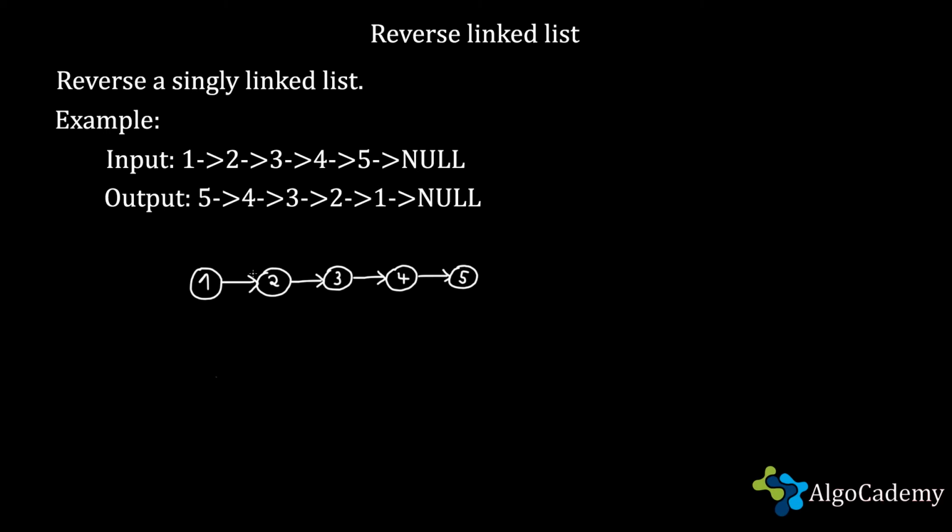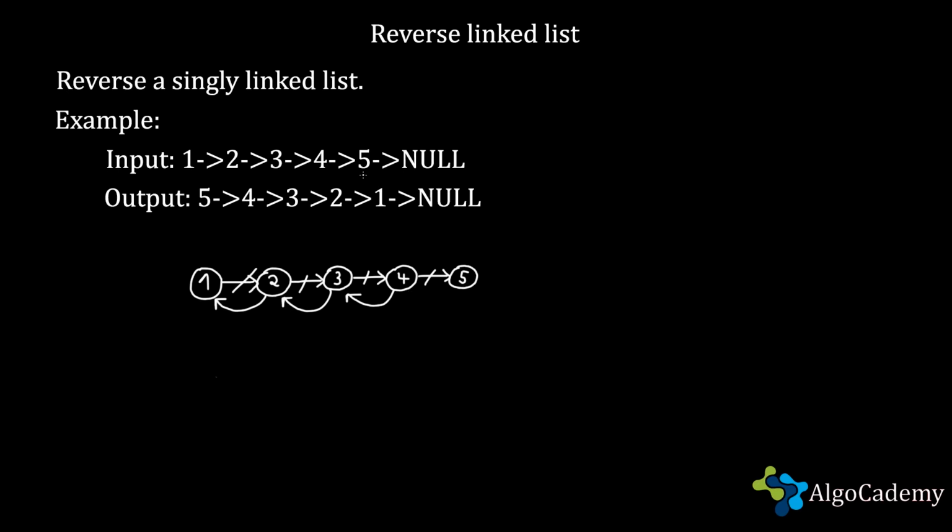For example, if I can remove this link and now have this link, and then remove this link and add this link, and remove this link and add this link, and also remove this link and add this link, what I'm going to have here is a singly linked list which actually has the same values as the initial one but in reversed order. And the head of this list is going to be the node that was the tail of our initial list. And this is it. That's all I need to do. Now we need to find a smart way to implement this idea, right?